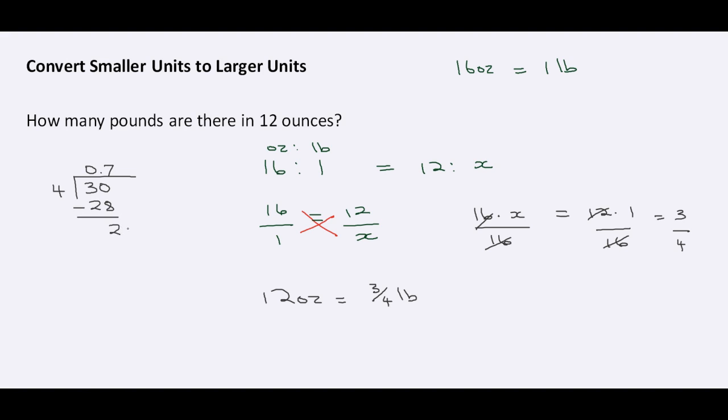We have 2. Then we bring down another 0. 20 divided by 4, we have 5. 5 times 4, we have 20, and then we have no remainder. So also 12 ounces is equal to 0.75 pounds.